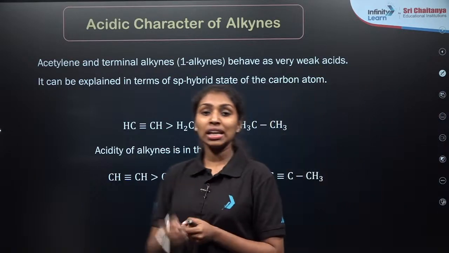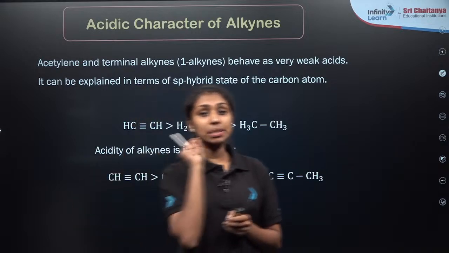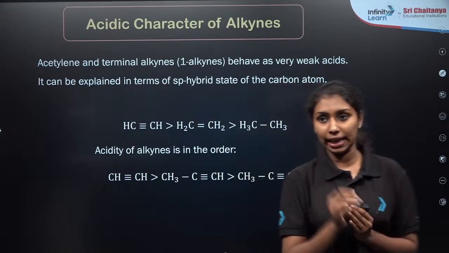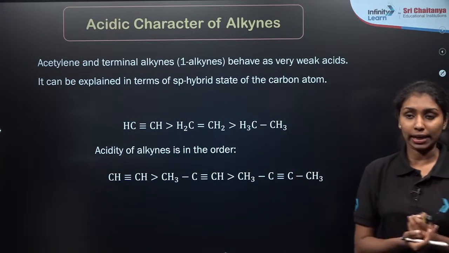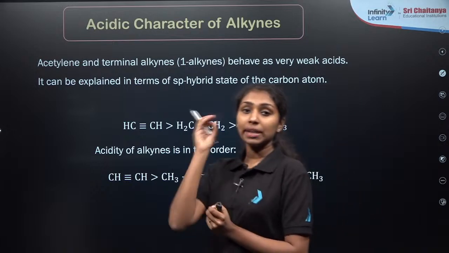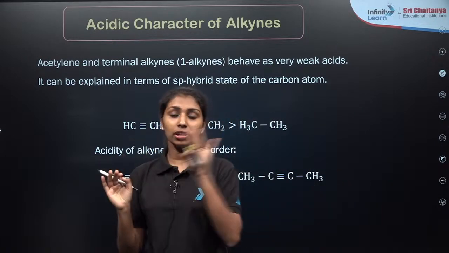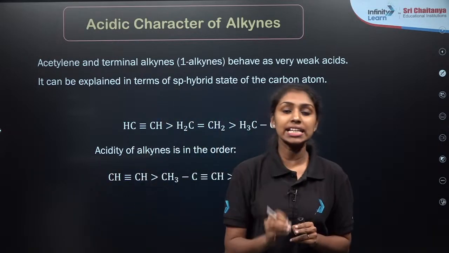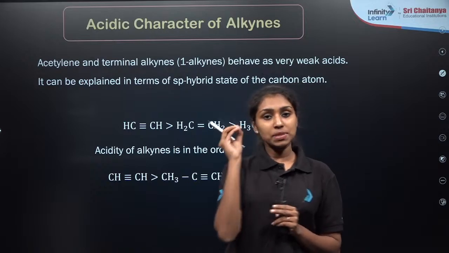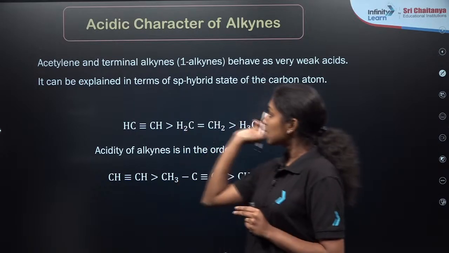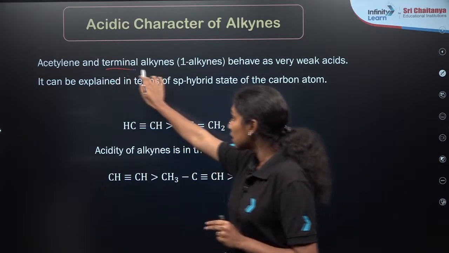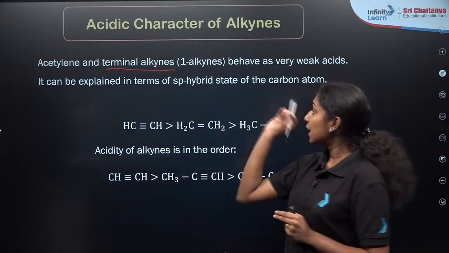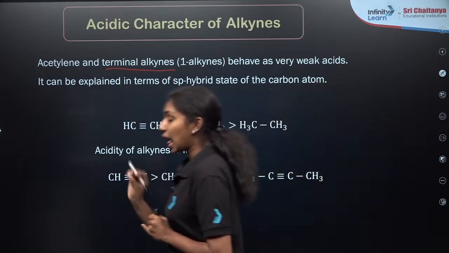Now let us talk about the last chemical property of alkynes, that is the acidic character of alkynes, right? As we already know, depending upon the position of the triple bond, we can call these alkynes internal alkynes and terminal alkynes. If you are observing any of the alkynes as terminal, which means the triple bond should be at the first position, these are known as terminal alkynes.